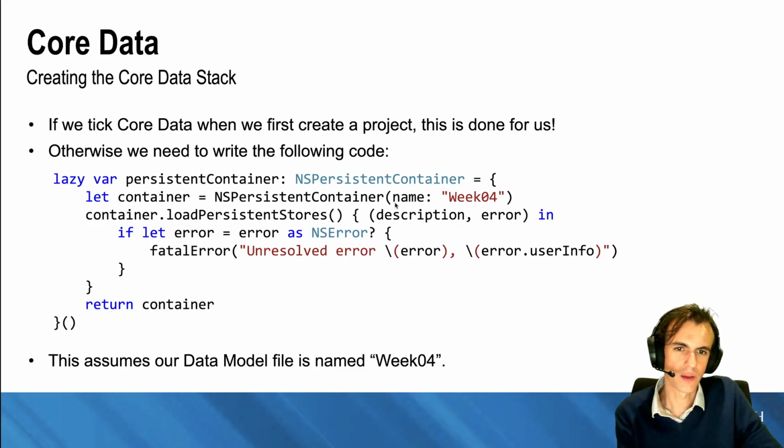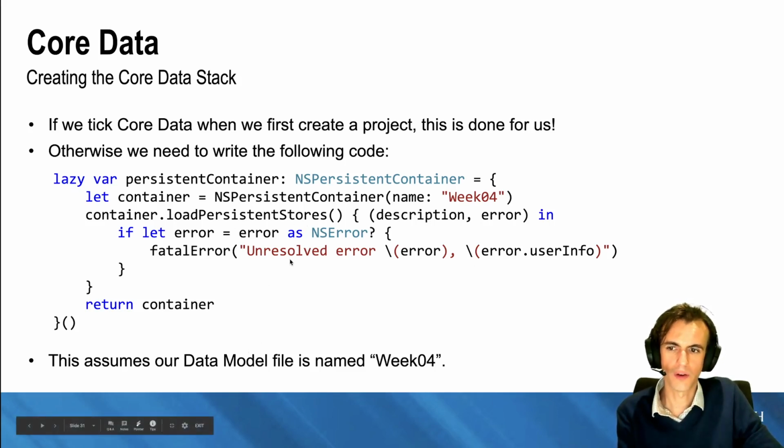So what happens here is that it gets given the description and an error. Both of them are optional. We check if the error is an error, and if it is, then we show a fatal error, and if it isn't, then the persistent stores have loaded correctly and we can just carry on.